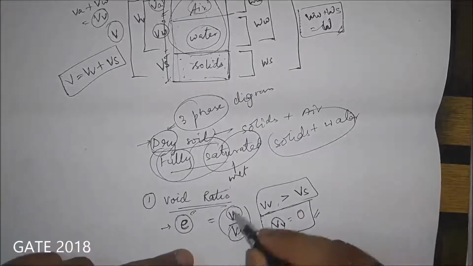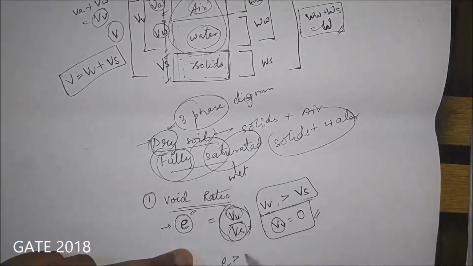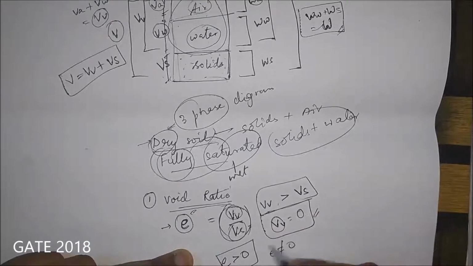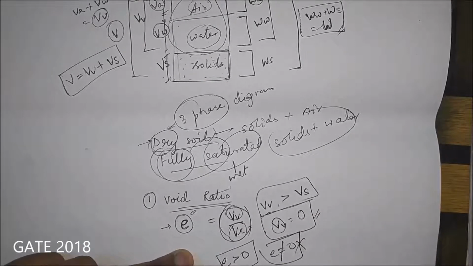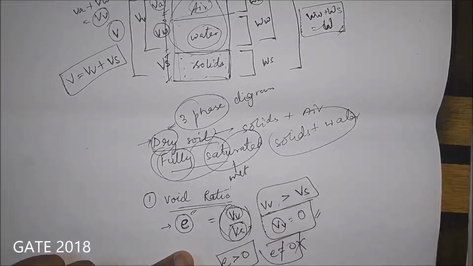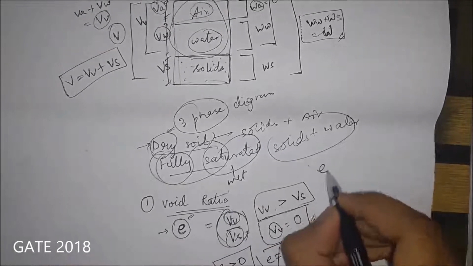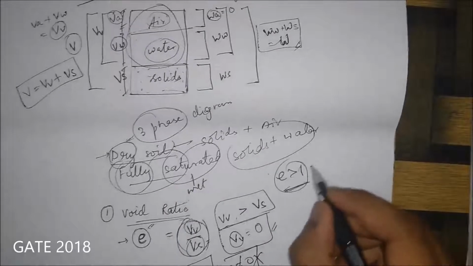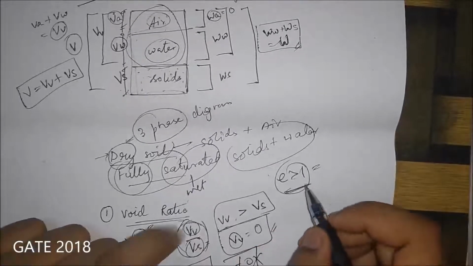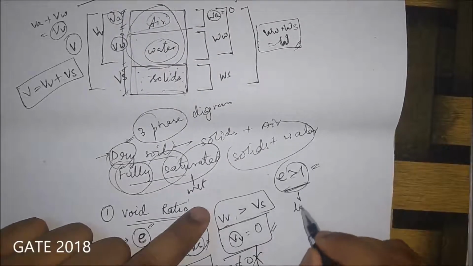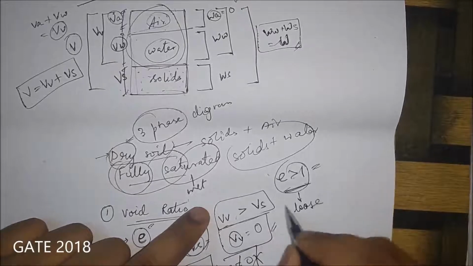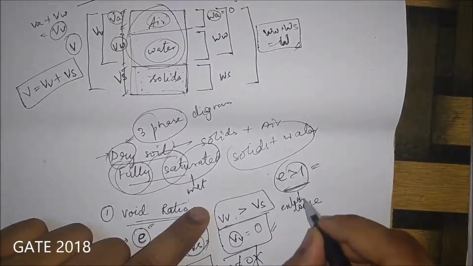So in that case, E will always be greater than 0. It cannot be equal to 0. Not possible at all. Got it? Also, E can be greater than 1 too. In that case, the soil will be considered as extremely loose in nature.